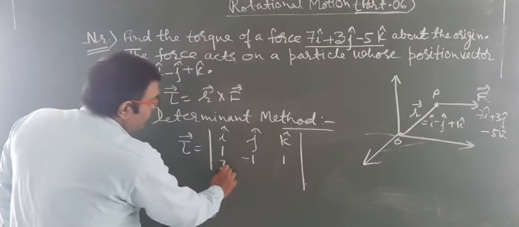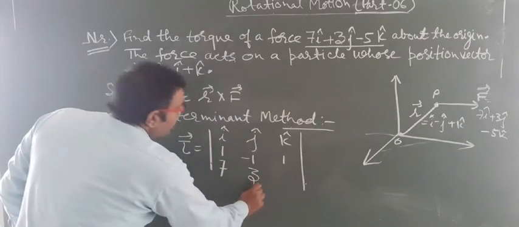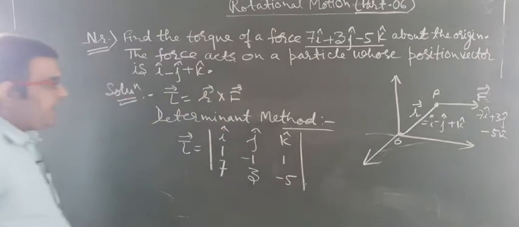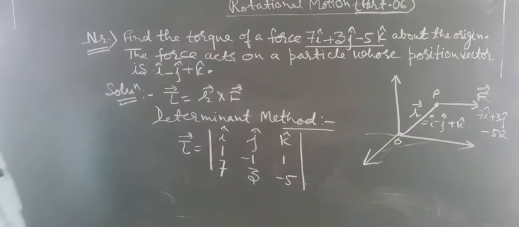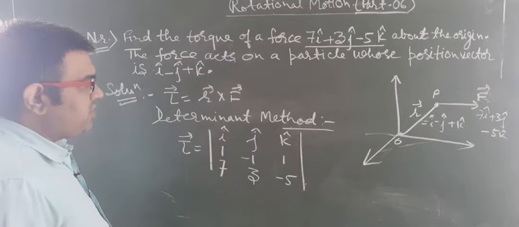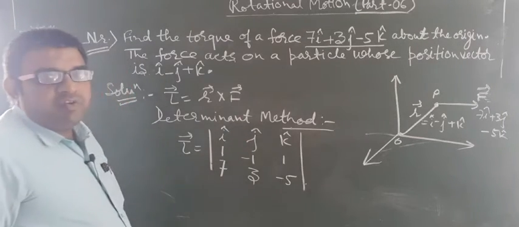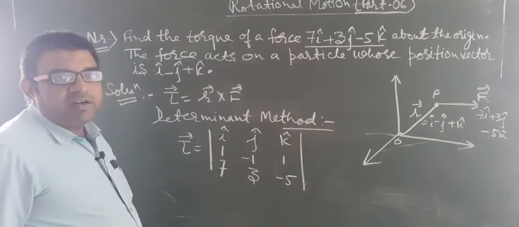Similarly, 7 is the magnitude of i cap, 3 is the magnitude of j cap, and minus 5 is the magnitude of k cap. Now we can operate this determinant to find the value of the torque vector.